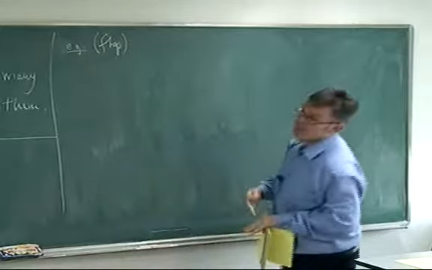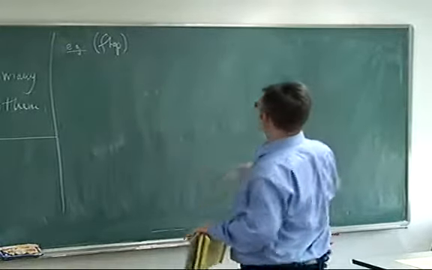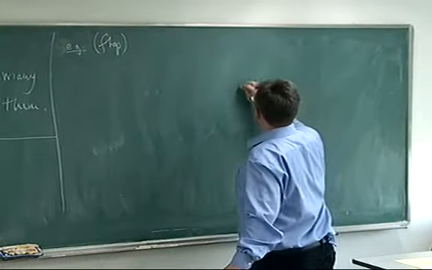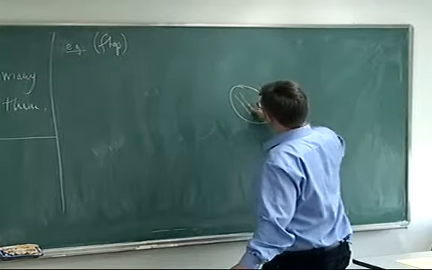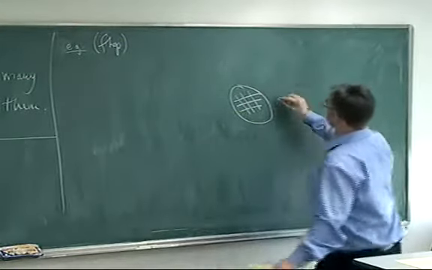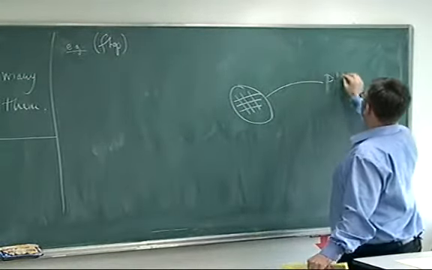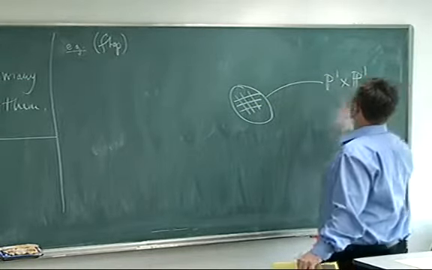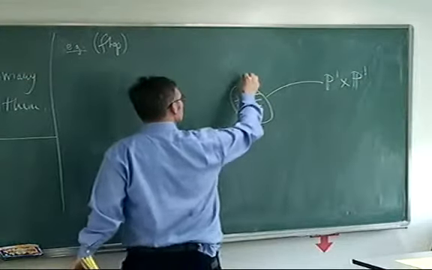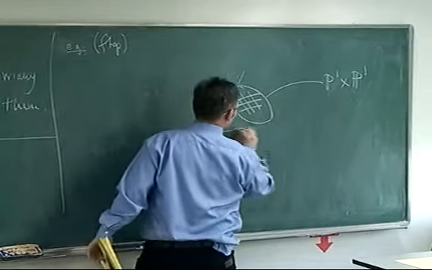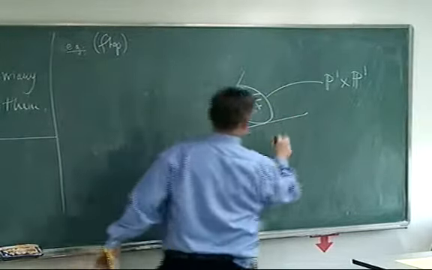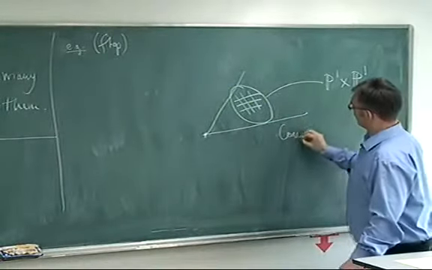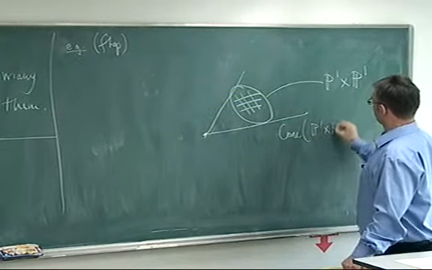So just to get a feel for the kind of set theory of the picture, if I write myself here P1 cross P1, and then take the cone on this. So this is the cone on P1 cross P1.